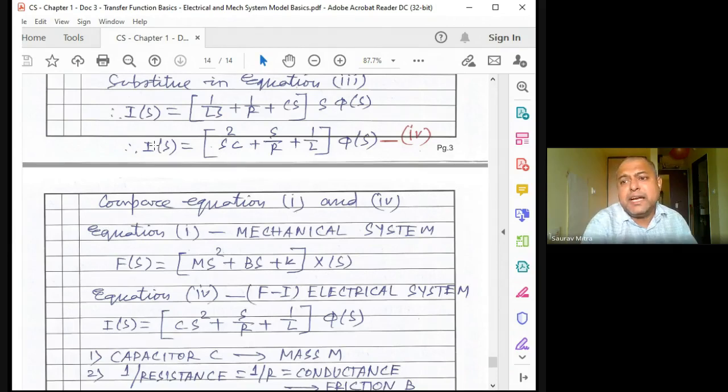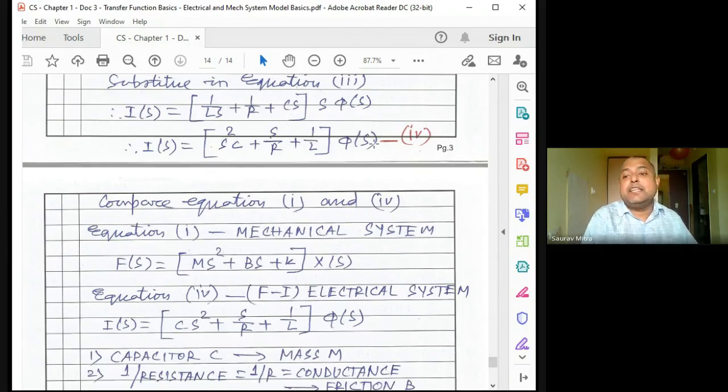In the case of the V and Q circuit, voltage was generating the charge. In this case, current is generating the flux. Generally that happens in a magnetic circuit, an electromagnet, where we give some current and it generates flux. So Is is equal to S square C plus S by R plus 1 by L, times phi s. This is equivalent to Fs equal to ms square plus bs plus k, times xs.